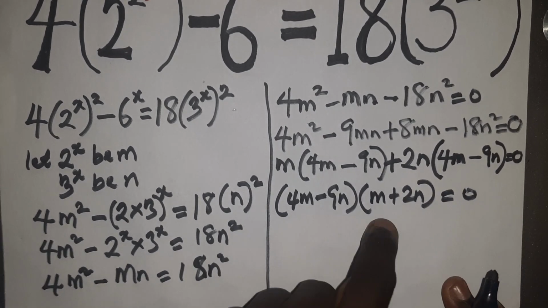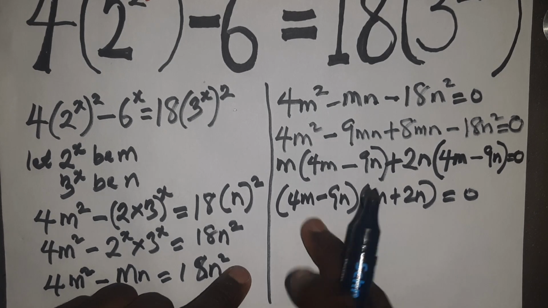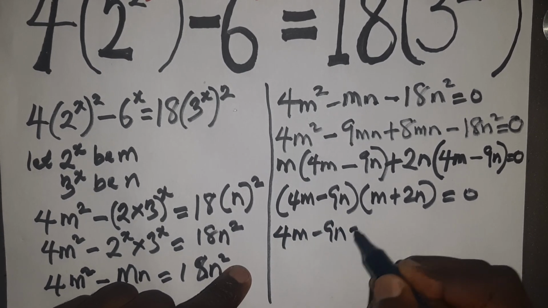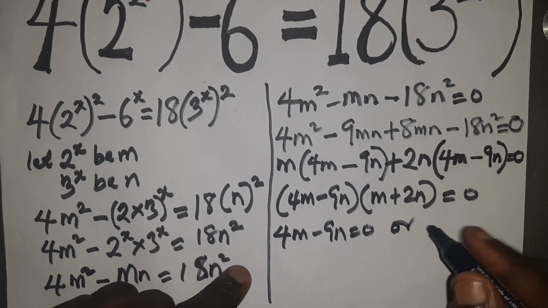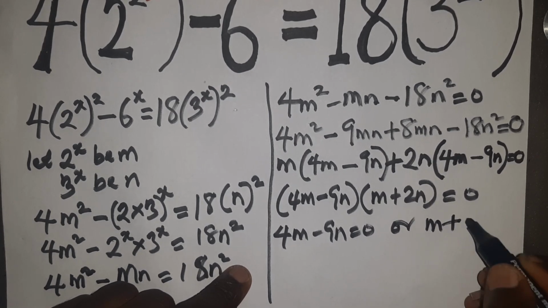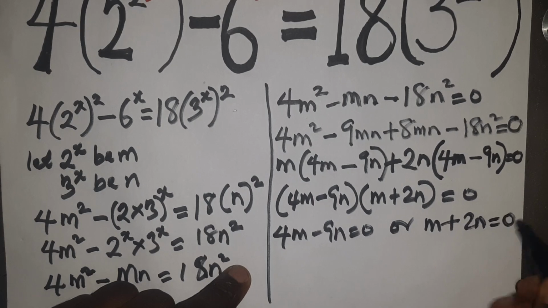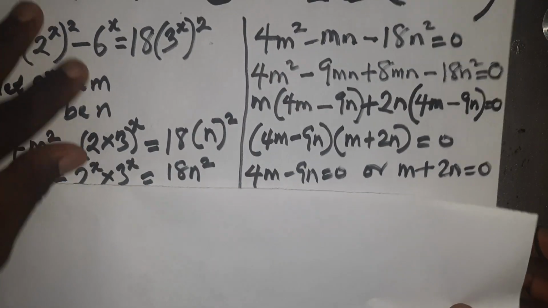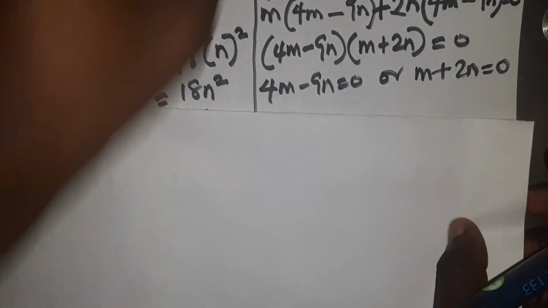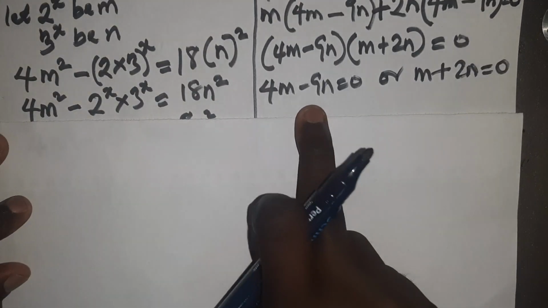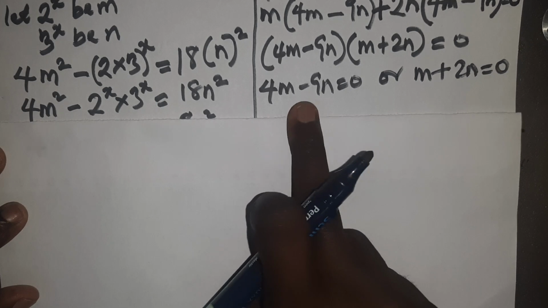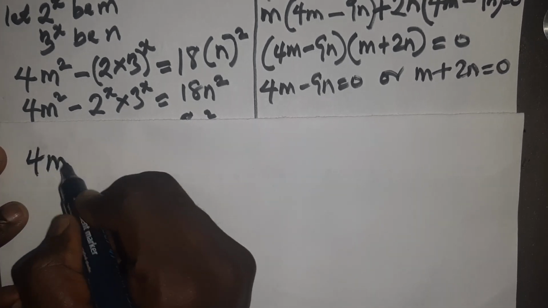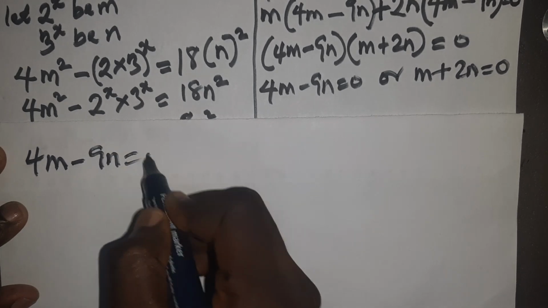So if this times this equals 0, it means that either this is equal to 0, or this m plus 2n is equal to 0. Now going with this first, I can continue with this one. So focusing on this equation, we have 4m minus 9n equals 0.